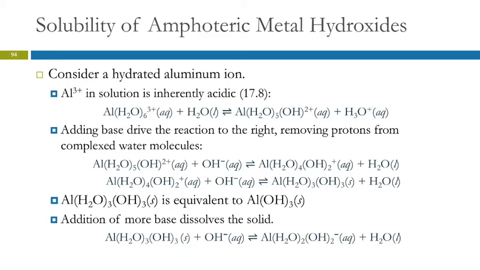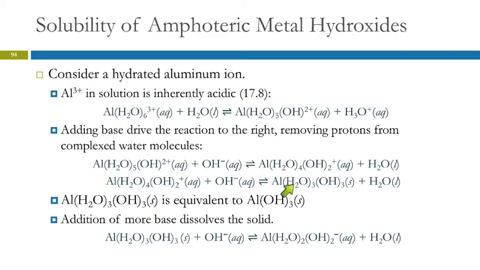So it's acidic. When we add base to this, it will drive the reaction to the right by removing the hydronium ions that are formed, right? So we add hydroxide, and it will pull off another one. And more hydroxide will pull off another one. So this then is insoluble here. That's equivalent to aluminum hydroxide.